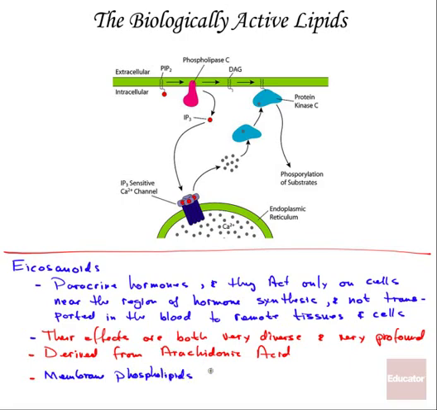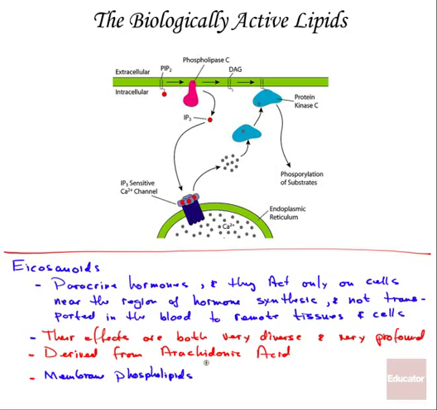Phospholipids. So arachidonic acid is just a fatty acid. That's all it is. It has a certain carbon length and some double bonds in it, but it's just a fatty acid. As a fatty acid, it can participate in reacting with glycerol to form glycerophosphate in the membrane.